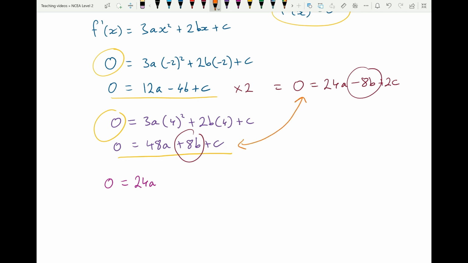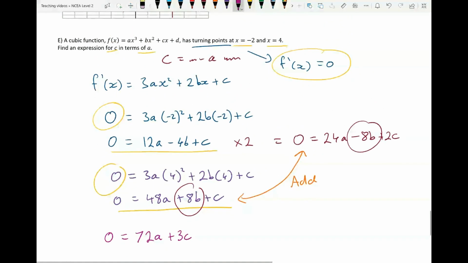So now that we've got -8b in here, that's good. If I add these together, I can eliminate b. So we'll go 0 equals, not 24 because we're adding, it's going to be 72a. 8b take away 8b is 0, that cancels out, and then c plus 2c is 3c.